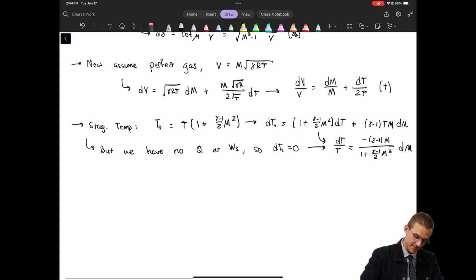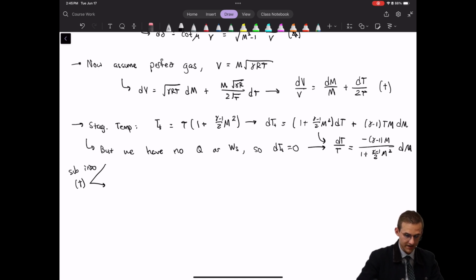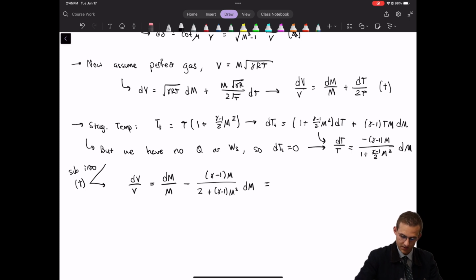Okay, so now let's sub into dagger. We take that result, put it in dagger, and we get dV over V is equal to dM over M minus gamma minus 1 M over 2 plus gamma minus 1 M squared dM, which results in the quantity 2 over M times the quantity 2 plus gamma minus 1 M squared dM.